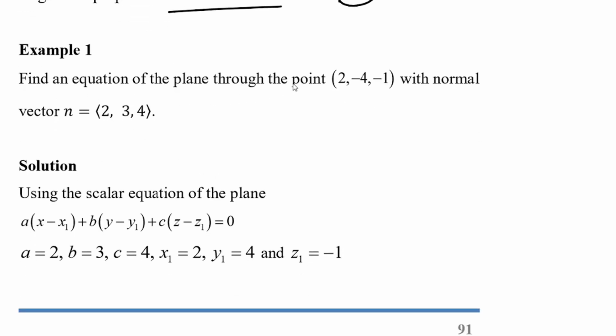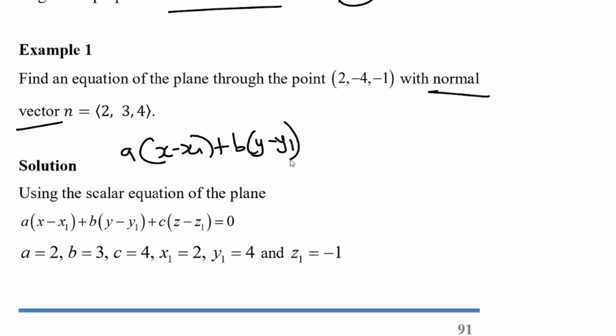Now let's take a question. Find an equation of the plane through the point 2, -4, -1 with the normal vector N equal to this. So we've already established that the equation is A times x minus x1 plus B times y minus y1 plus C times z minus z1 equals 0. And this one represents our A, B, C, and this one represents our x1, y1, z1.